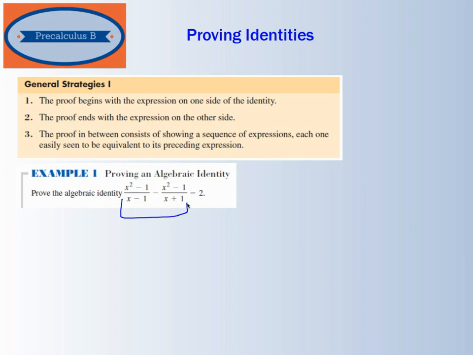Now, if I can step by step walk my way through and get to the final value 2, that essentially would be a proof for that algebraic identity. Take a couple minutes, pause your video, and see if you can reach that proof. See if you can get from the left side to the right side on your own. When you're ready, unpause the video and continue on.